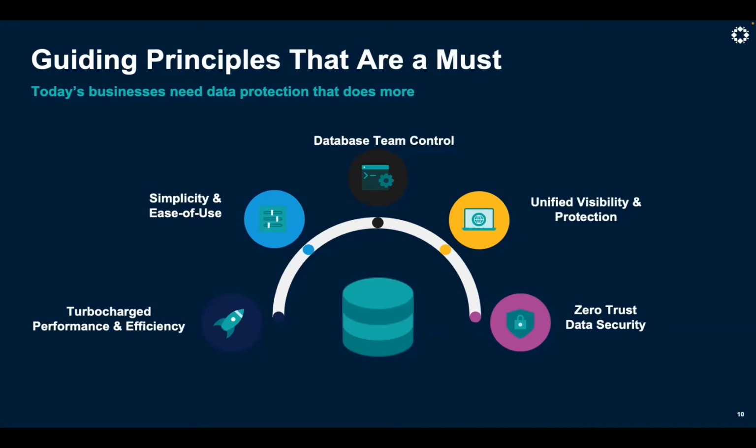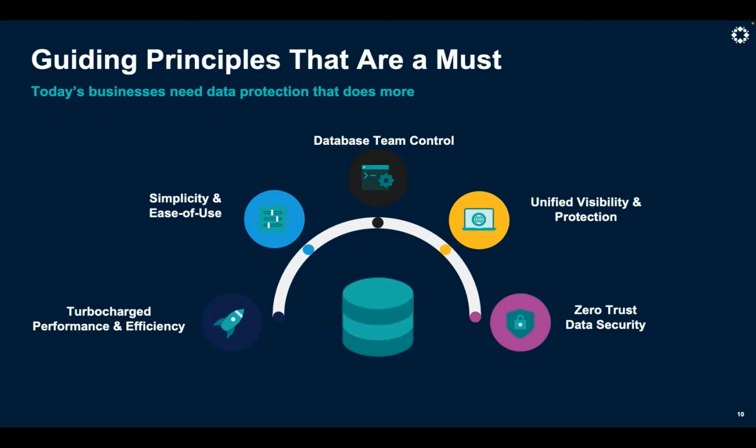Next is simplicity and ease of use. And for Rubrik, this means building tools in a way that really allows pretty much anyone to use them, not just database specialists who come with years and years of experience. And this is crucial because it eliminates single points of failure, but simplicity also means some automation so your teams can get their time back and delivering a solution that is more set and forget rather than something that requires continuous care and feeding.